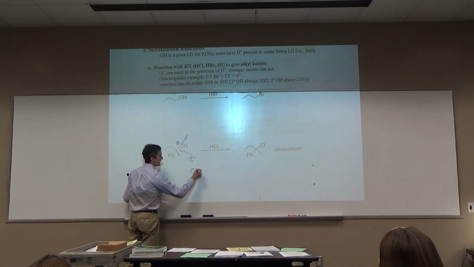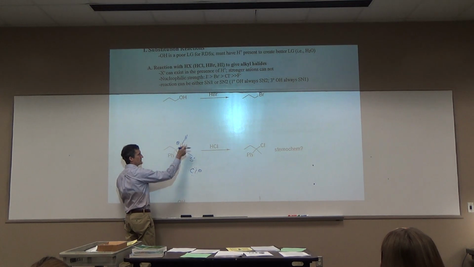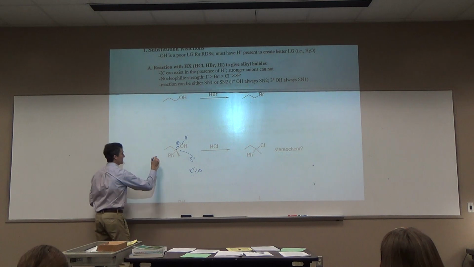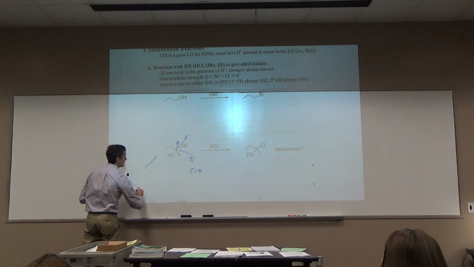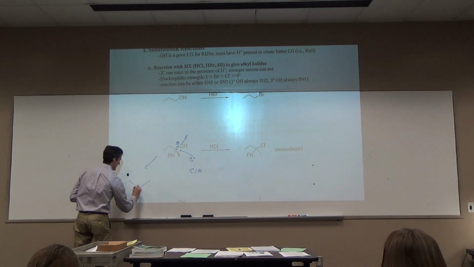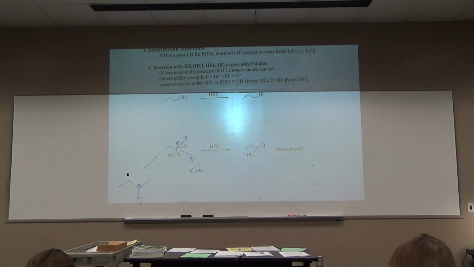We've got Cl minus, but we don't attack backside and kick off a leaving group on a tertiary carbon. Instead, this just leaves, and what does that do? Carbocation, right?